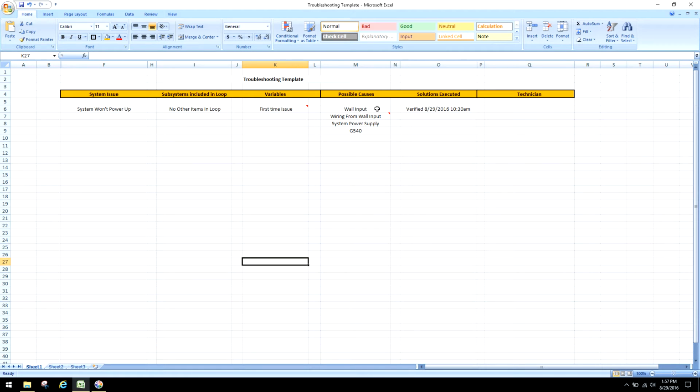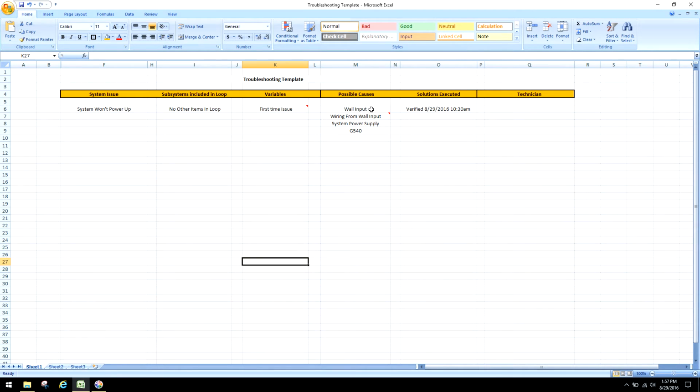So once again, you're going to start at the absolute base level. You look at the wall input, and you see I wrote here under solutions executed: verified 8/29/2016 at 10:30 a.m. Because again, we verified that the wall input was okay. You also see here where it says wiring from wall input, system power supply, and G540.